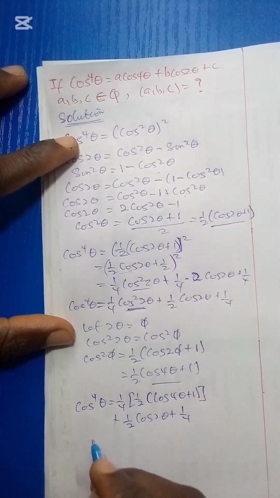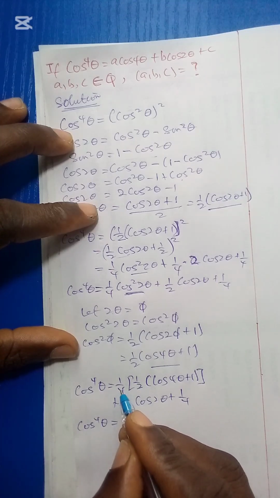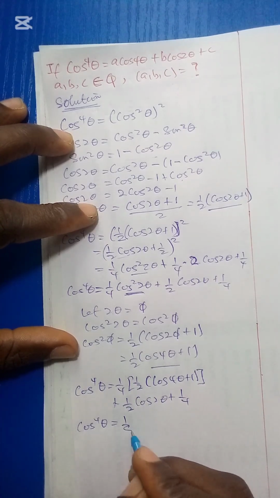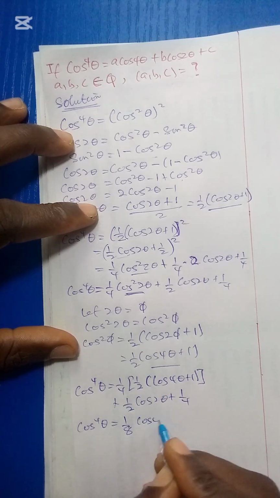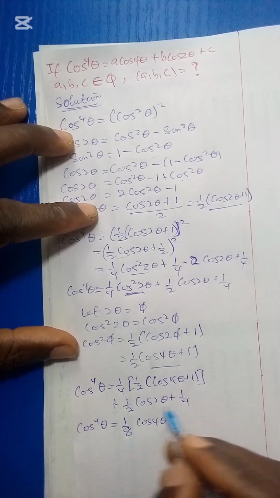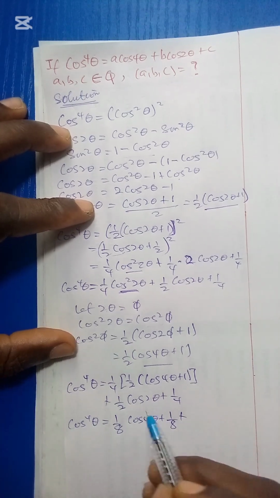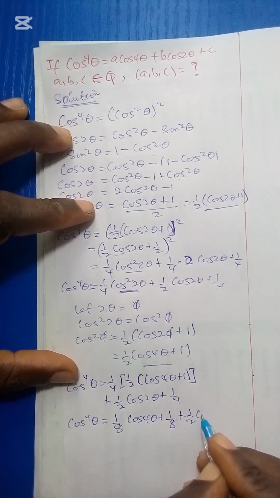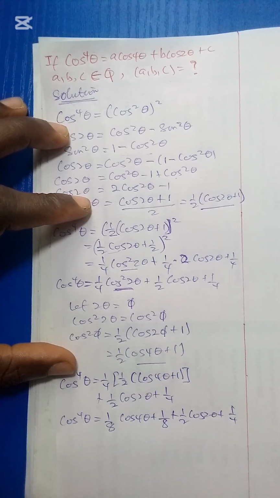Now if I open this bracket, it becomes cos to the power 4 theta equals 1 over 4 times 1 over 2 is 1 over 8. Then 1 over 8 times this will give us cos 4 theta plus, and here becomes 1 over 8 again. Then plus, the other part is 1 over 2 cos 2 theta plus 1 over 4.